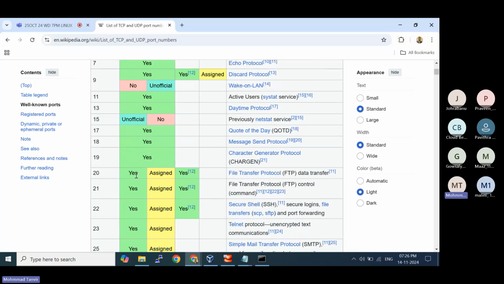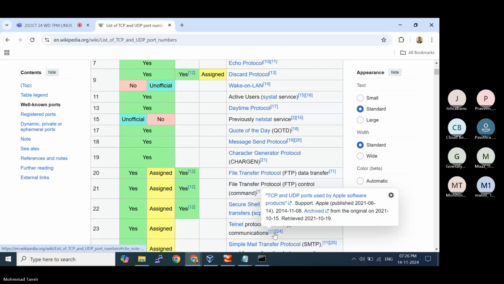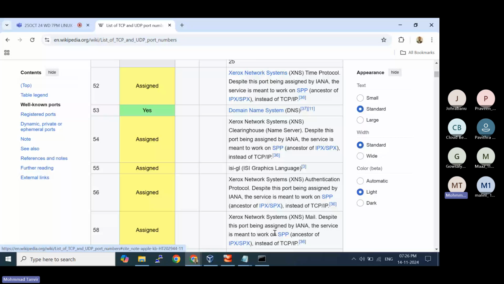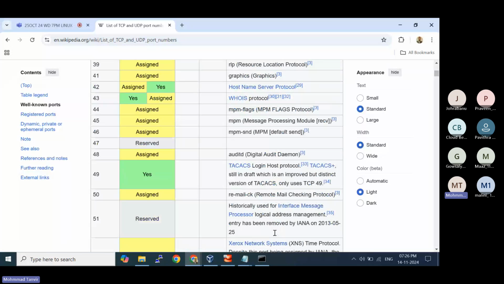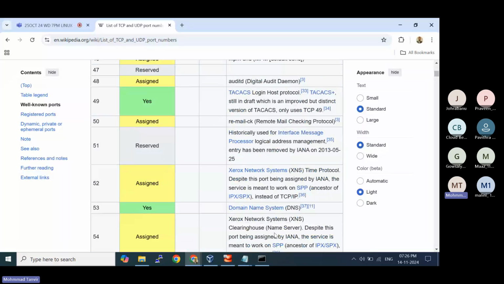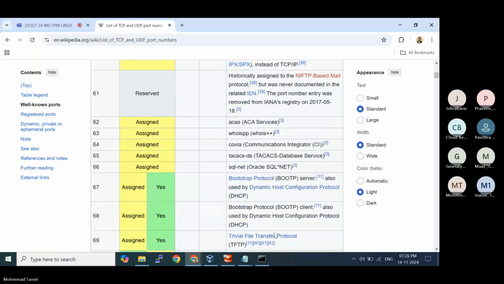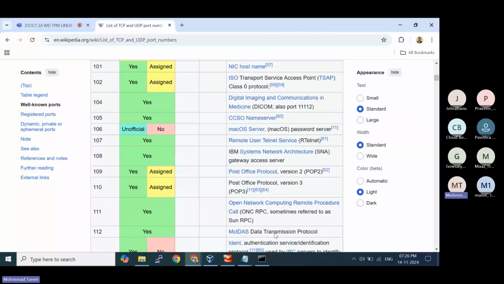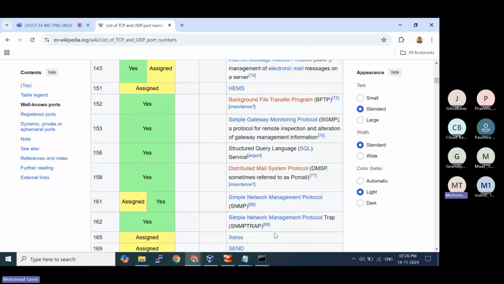Similarly, for the well known ones, like FTP, port number 20 for data transfer, port number 21 for authentication, port number 22 for SSH, 23 for Telnet, SMTP 25, and so on. And these port numbers are not assigned in a series or sequence. They are assigned randomly, so you will see there will be gaps. This decision is also taken by IANA. Okay.